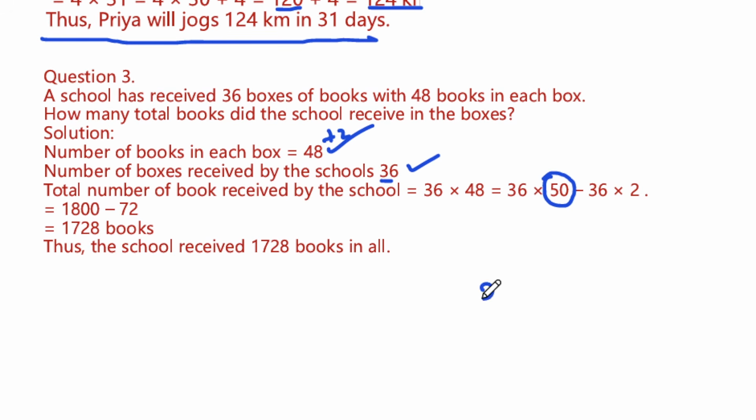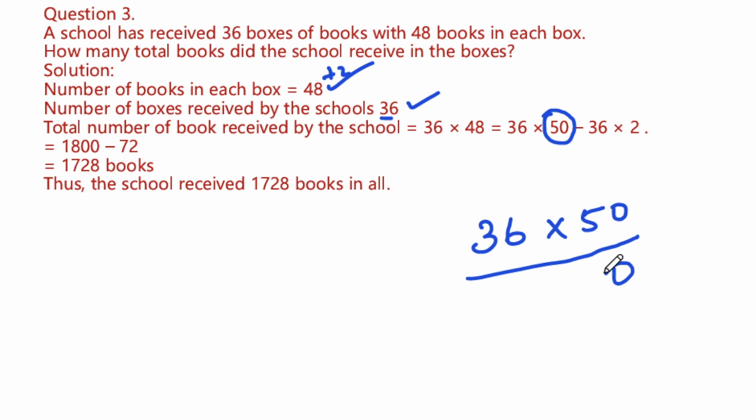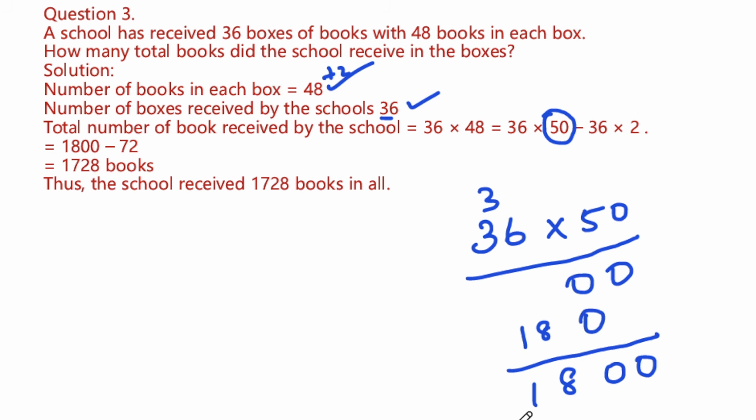So again 36 into 50. 0, 0, 6 fives are 30, 0 balance 3, 5 threes are 15, 16, 17, 18. So you should put the values in the tens, hundreds and thousands places correctly, otherwise you will get a wrong answer.